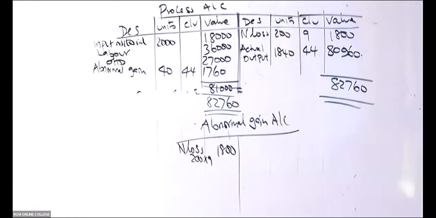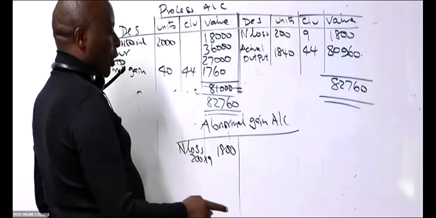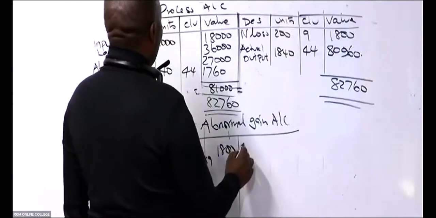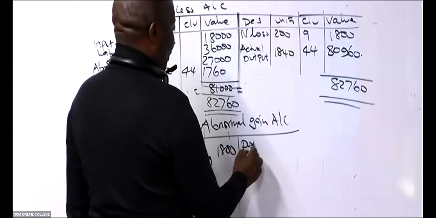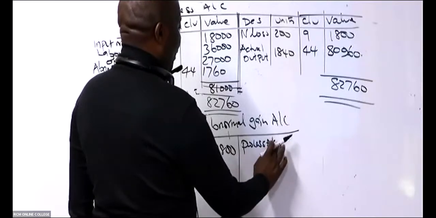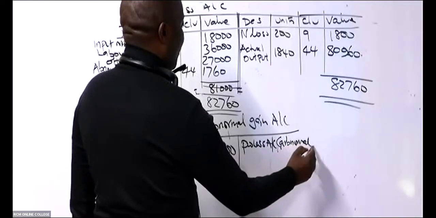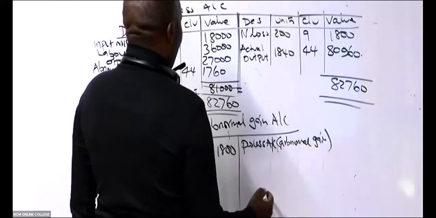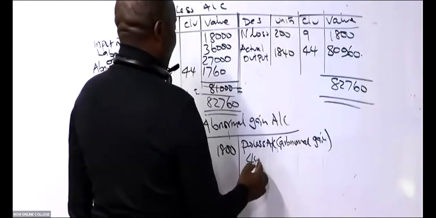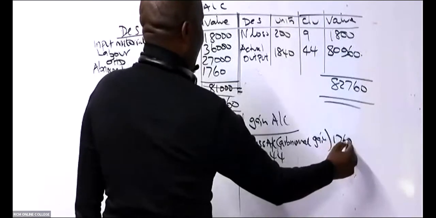And then we have abnormal gain. It's debited here, so it shall be credited. So we have here from the process account, abnormal gain. It is 40 at 44, giving us 1,760. Great.